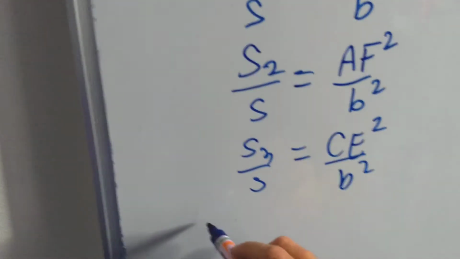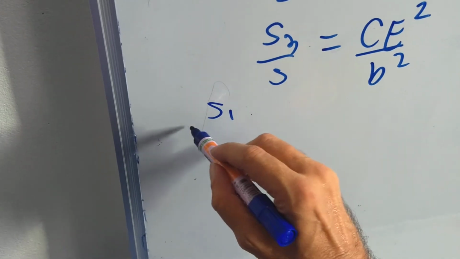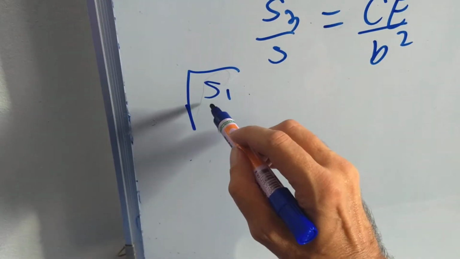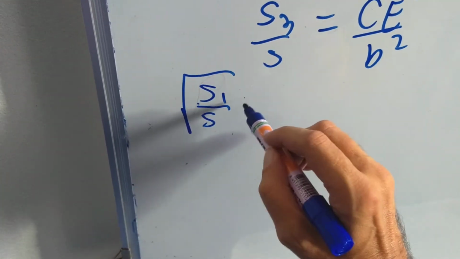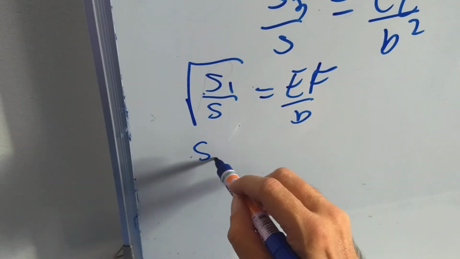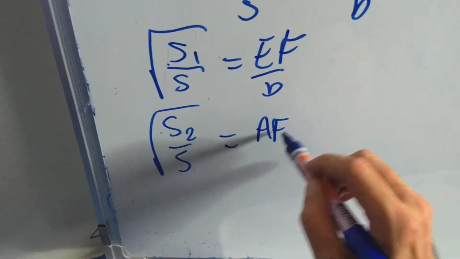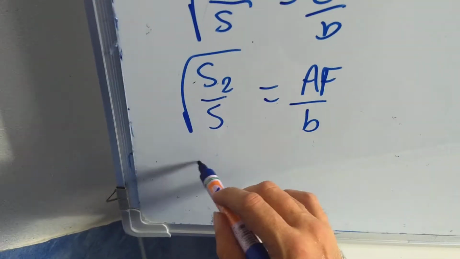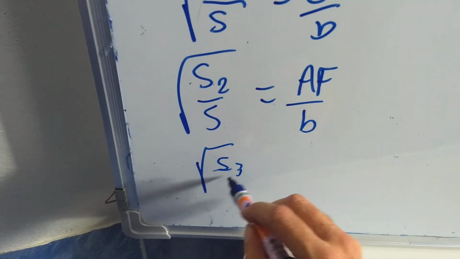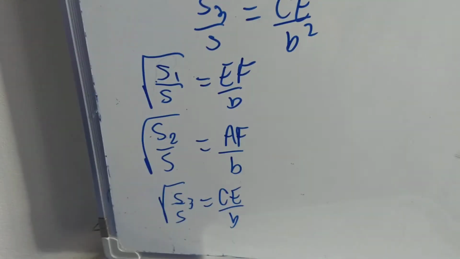Let's add them up. S1, let's add the square roots of these things. The square root of S1 over S is EF over B, and the square root of S2 over S is AF over B, and the square root of S3 over S is CE over B. Okay, take the square roots.